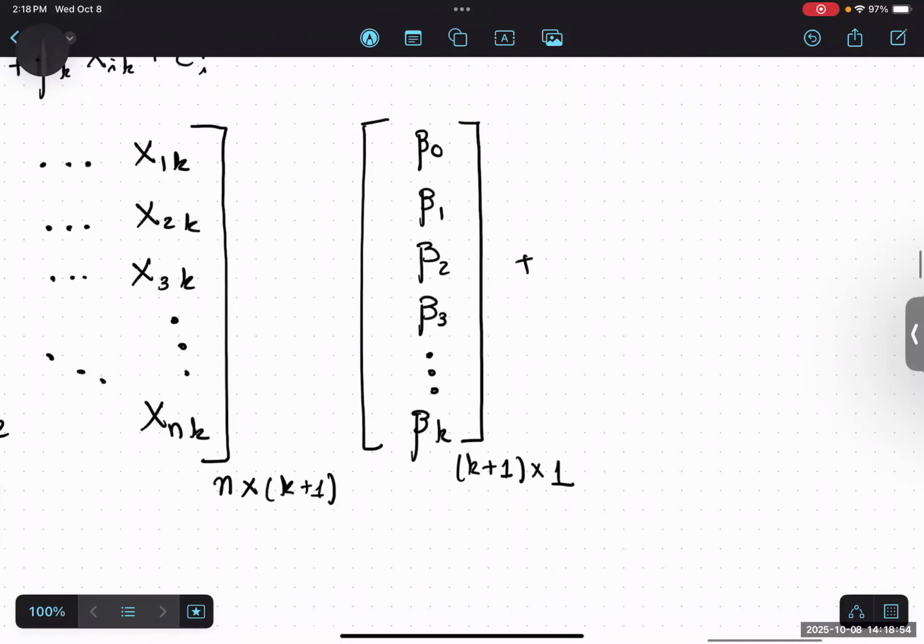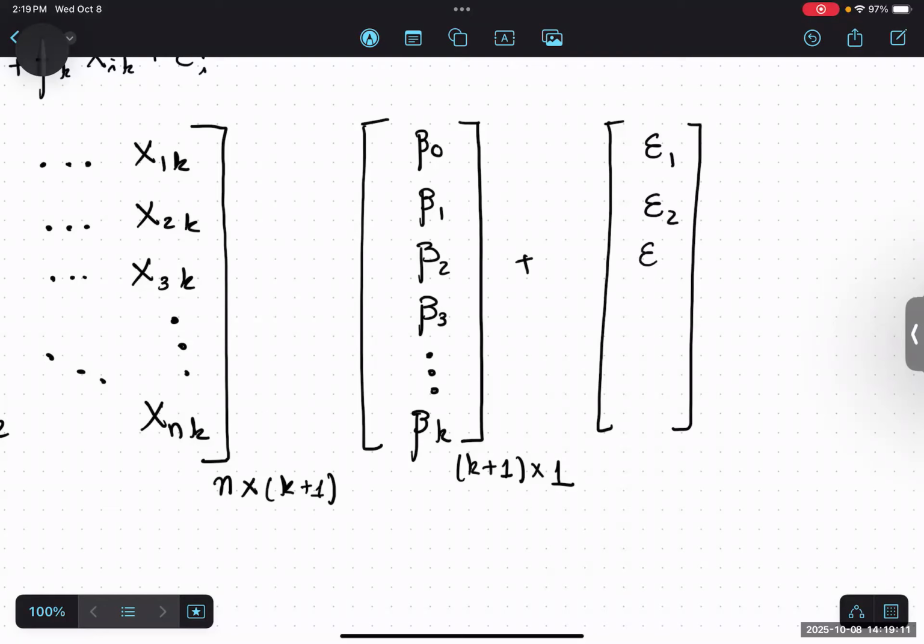But that's not all. We also have a vector that has n observations, and this is the vector of residuals, no? Epsilon 1, epsilon 2, epsilon 3, up to epsilon n. So this is n times 1.